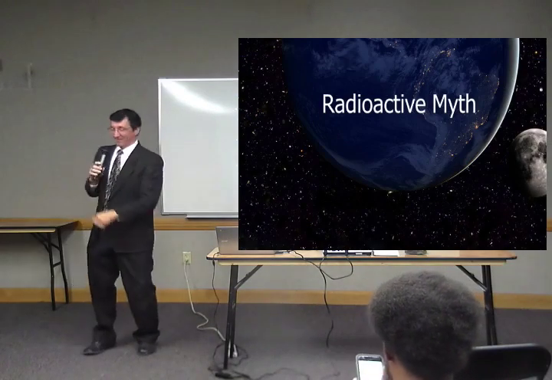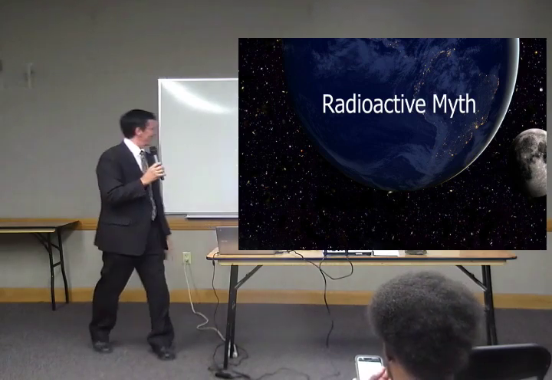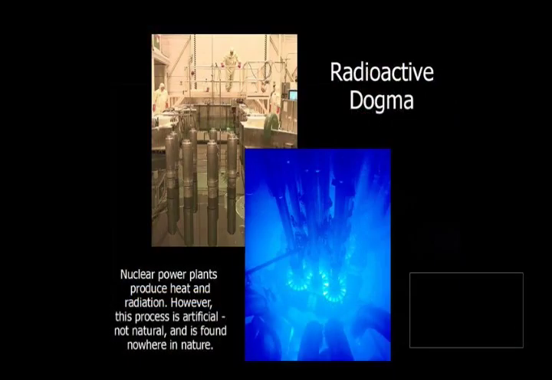Radioactive myth, you kind of brought up, well, how does that stay hot inside it? So radioactivity is one of the ways they say, and radioactive plants certainly do generate a lot of heat, along with the power and energy. There is a lot of heat there that they have to cool down, but this is not a natural environment. So they're saying that this is happening inside the center of the earth.